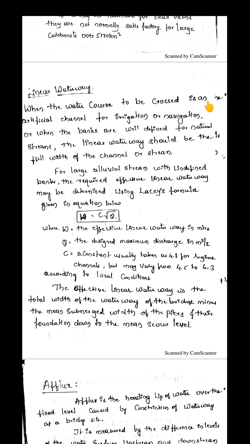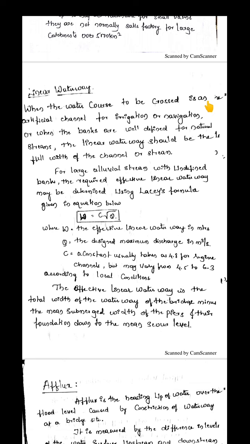Scour is at the bottom, so whatever the soil is there, that is the scour depth. This is the linear waterway. We'll study this linear waterway with a figure also, in a video where I will show what the linear waterway is.